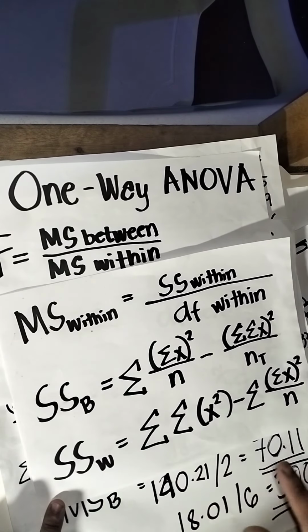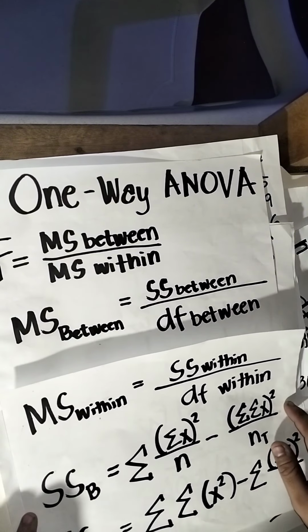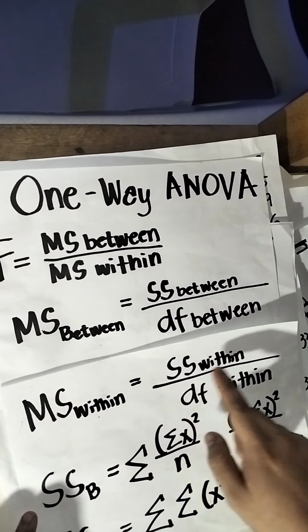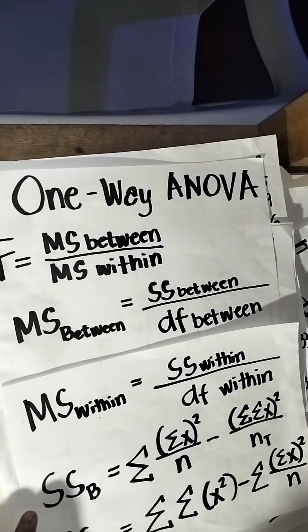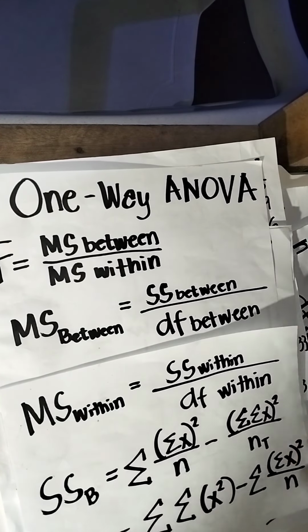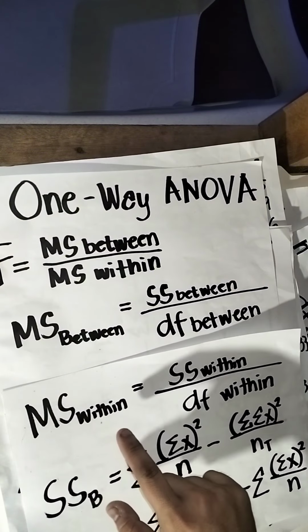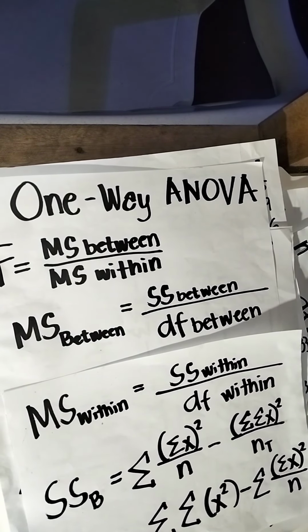So this will be the formula so that we will be able to have our SS between and SS within. If we get SS within and SS between and input them in the formulas for MS within and MS between, we will be able to answer and have our F statistic.